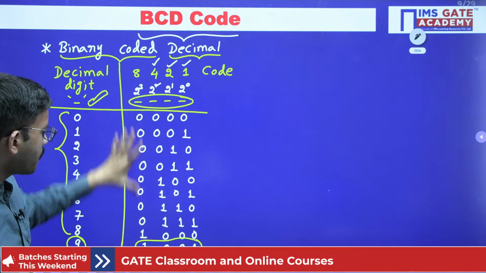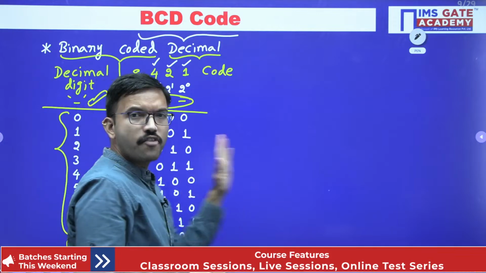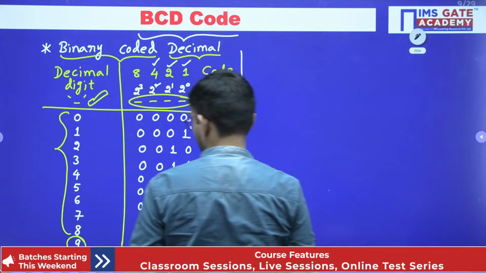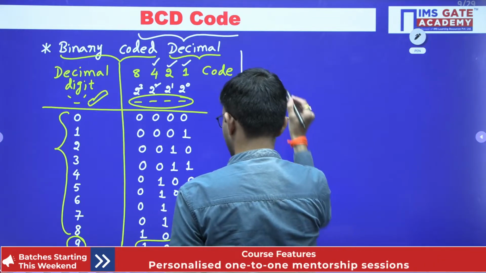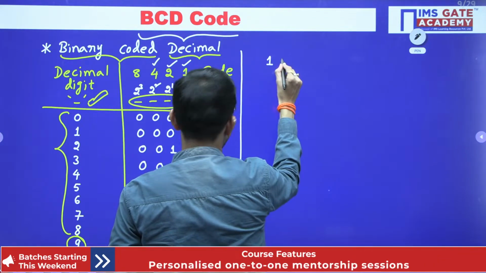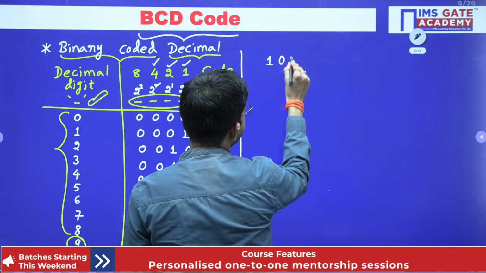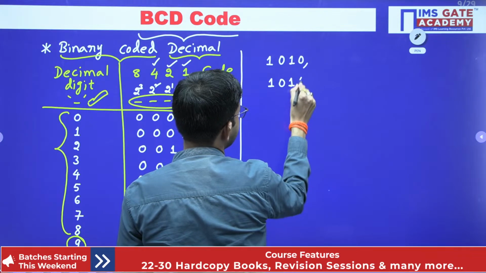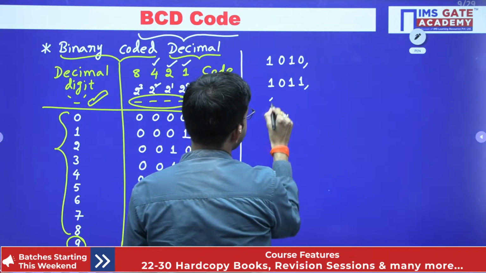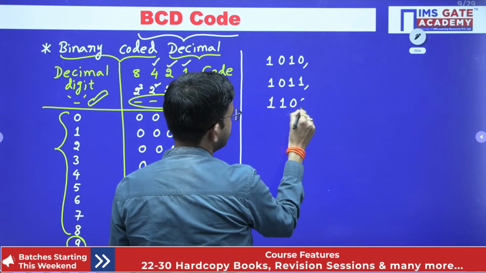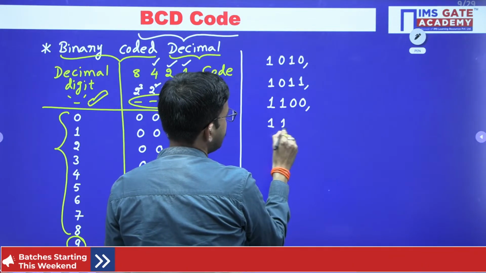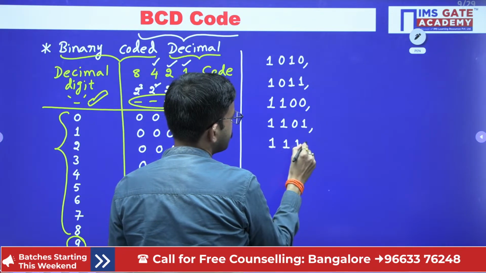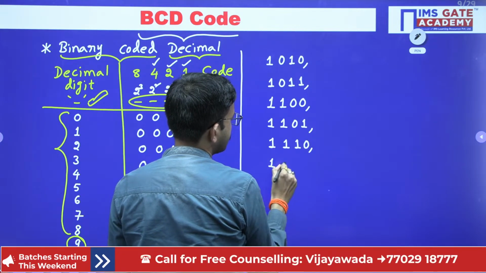Up to here we got 10 combinations. After this, you will have 6 more combinations. 10 plus 6 is 16. So here you will get 1010, 1011, 1100, 1101, 1110, and 1111.